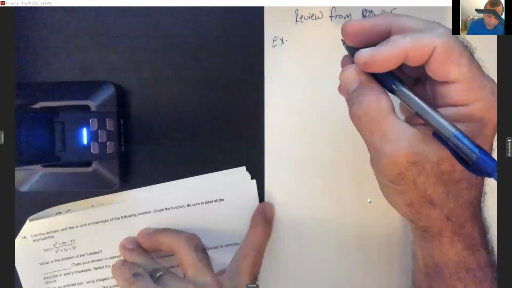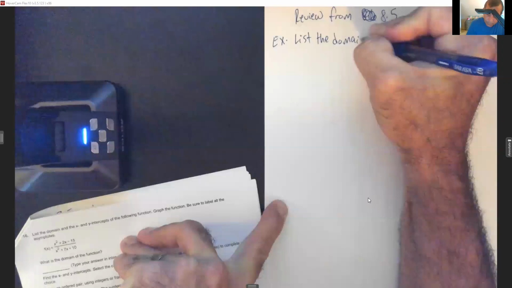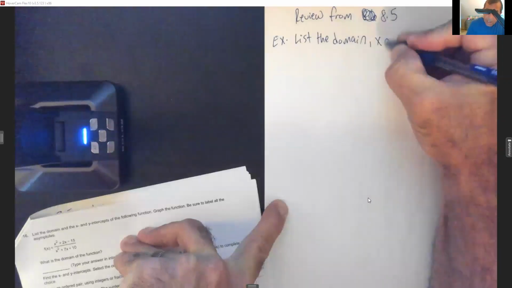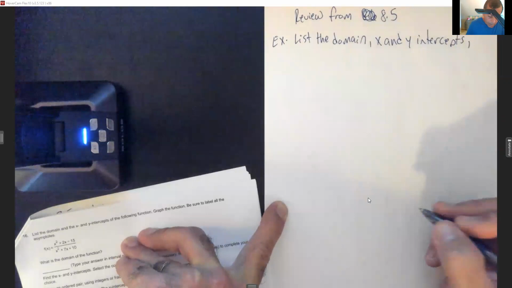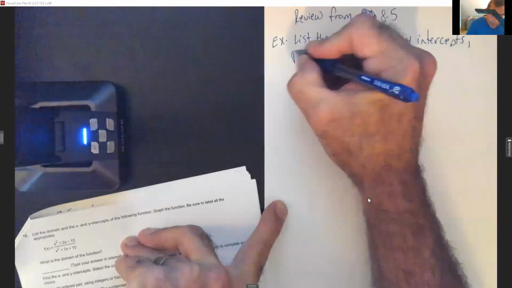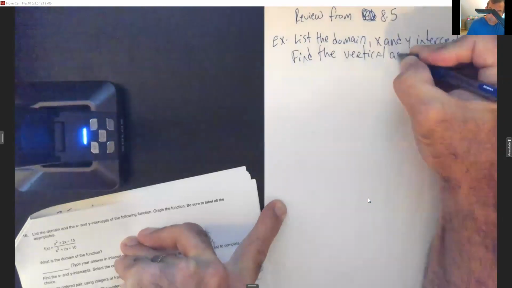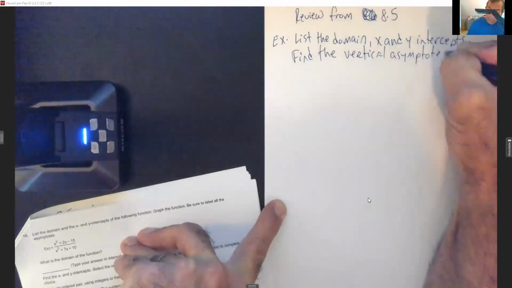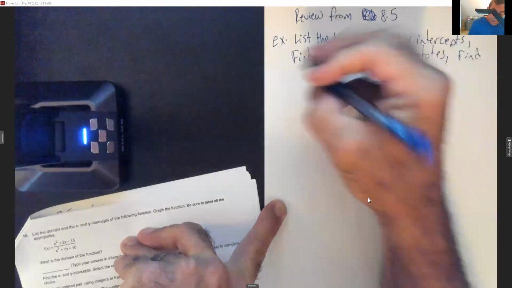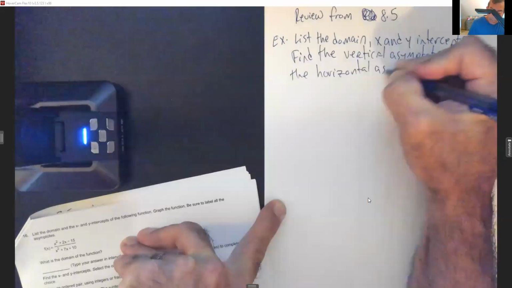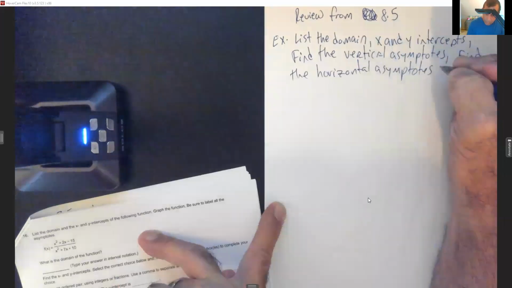So for this problem, they want me to list the domain, x and y intercepts, find the vertical asymptotes, find the horizontal asymptotes, and then looks like it wants us to graph.